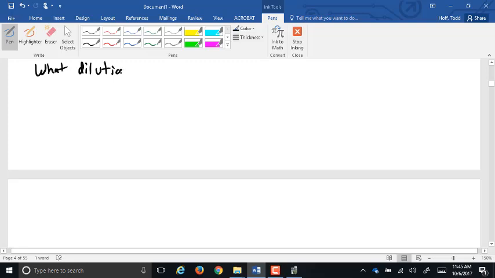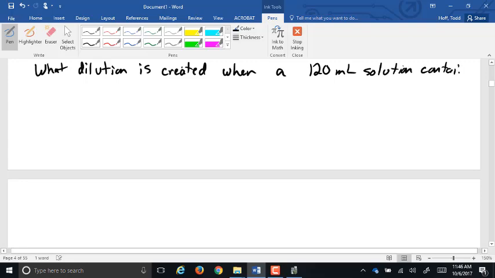What dilution is created when a 120 milliliter solution contains 72 milliliters of serum?